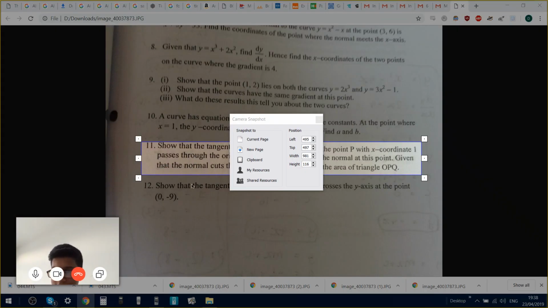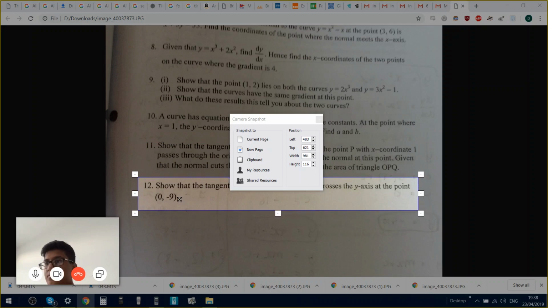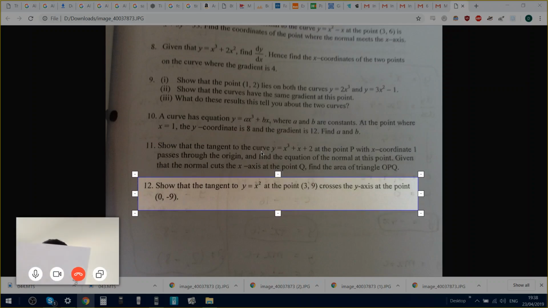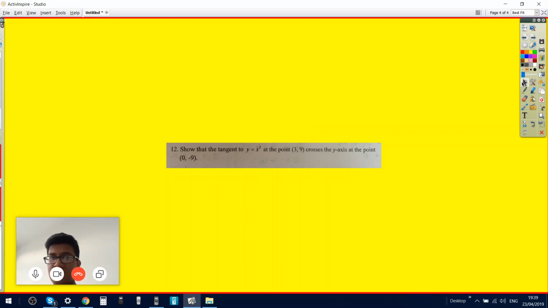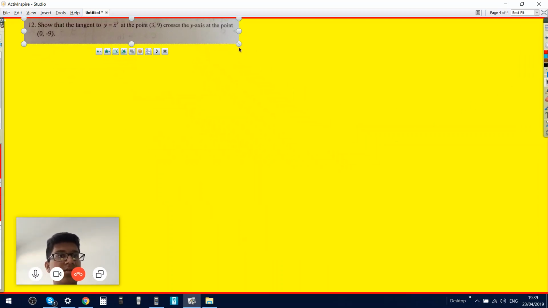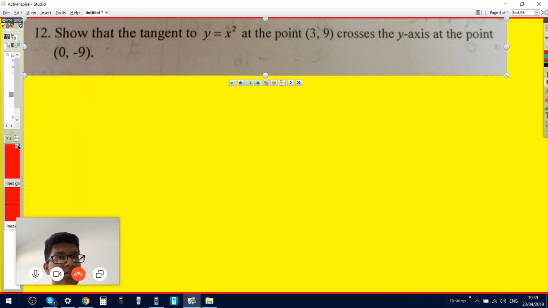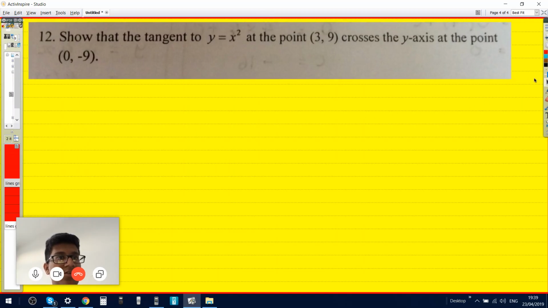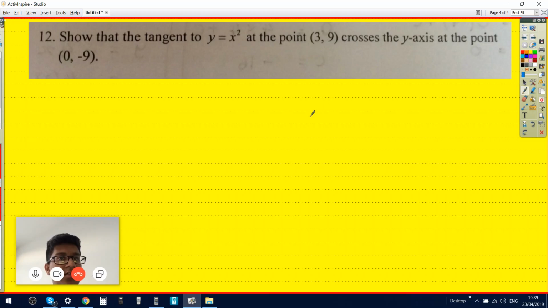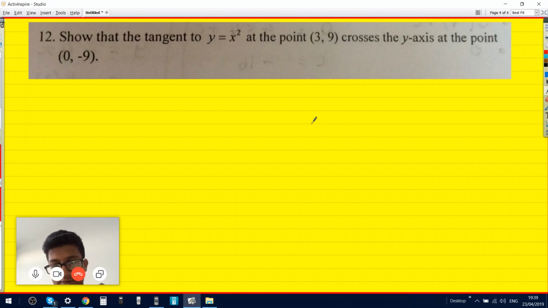Okay. And question 12. The point 3, 9 and the y-axis at 0, minus 9. Okay. So you just use y equals x squared and then dy by dx equals 2x. And at the point, we want to find our m value.